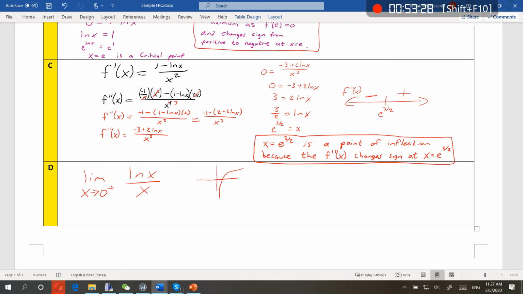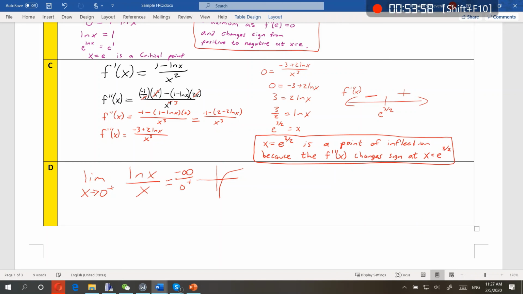Negative infinity. Okay, so this is negative infinity on top. And then I'm dividing by 0 plus a little bit.